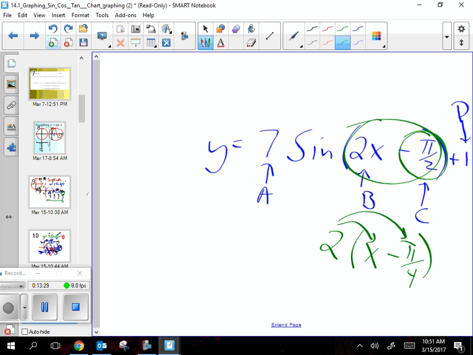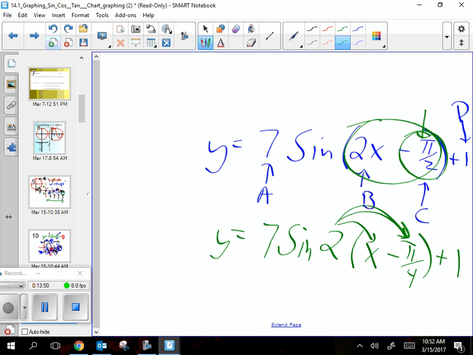Do you get now, when I multiply 2 times pi over 4, it'll equal 2 pi over 4, which will give me what I want? Negative pi over 2. All right, so I just factored that now to y equals 7 sine 2 times x minus pi over 4.